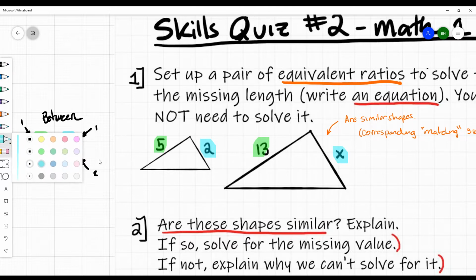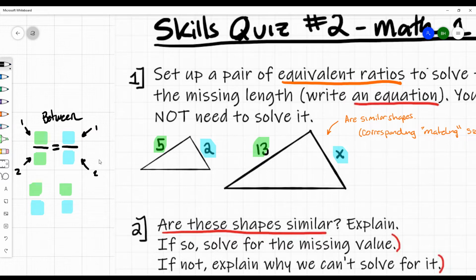Or we can look at within each shape and have different ratios using the colors within those actual triangles. So here, if I just used colors, it would look something like this, where we have greens on top, and this is for shape 1, shape 1, shape 2, shape 2.